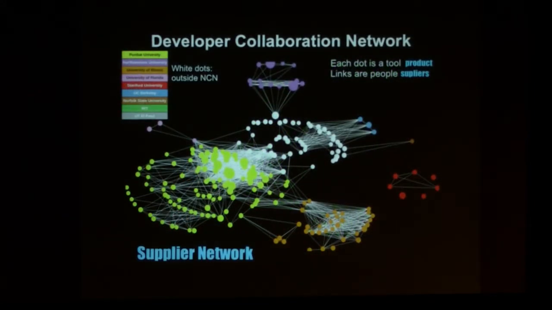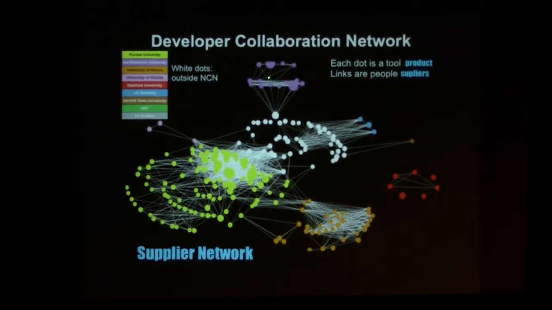Now, I mentioned a lot of the work is being done by these software developers. You can call them suppliers. So each dot is now a tool, and the linkages between these dots are the common authors on these tools. So you see basically the suppliers form a network around their products. And the yellow dots come from Purdue, the orange ones come from Illinois.